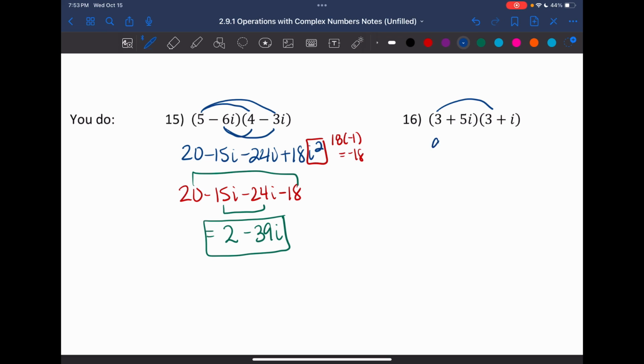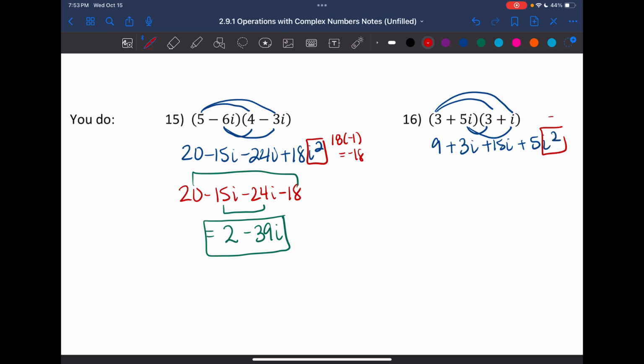3 times 3 is 9. 3 times i is 3i. 5i times 3 is 15i. 5i times i is 5i squared.